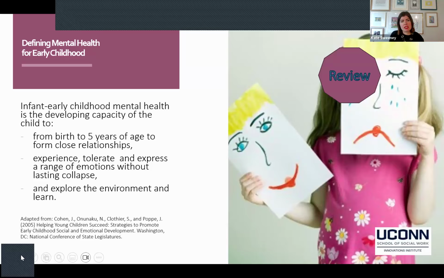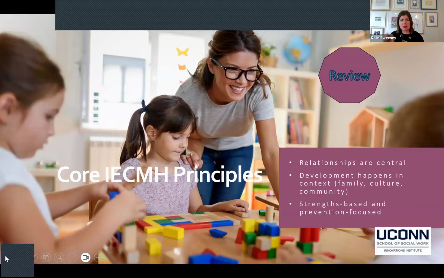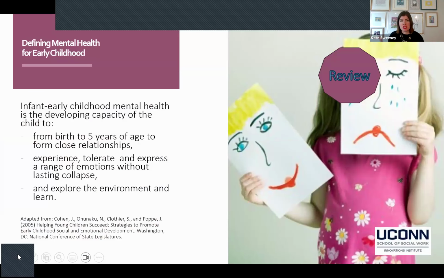So, borrowing from the slide before it around strengths-based and prevention-focused, the definition of mental health for infants and early childhood is not about deficits. It's not about needs or diagnoses, but really what positive mental health in that age range looks like.